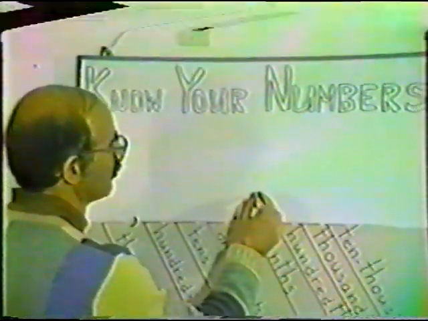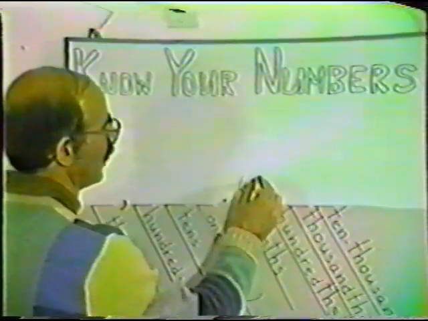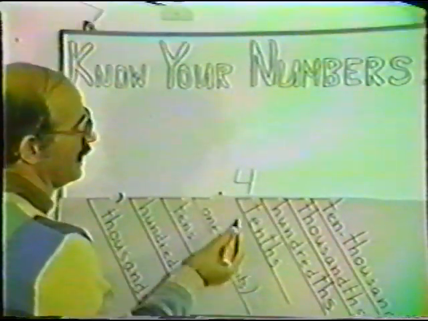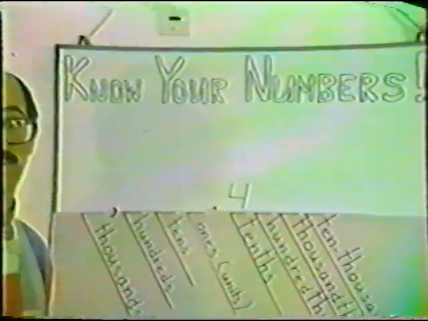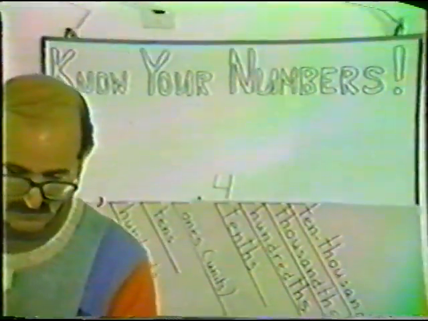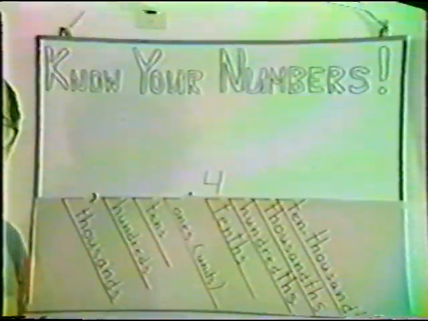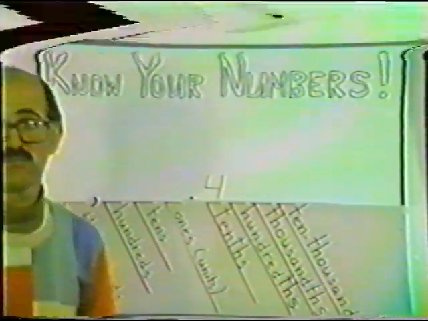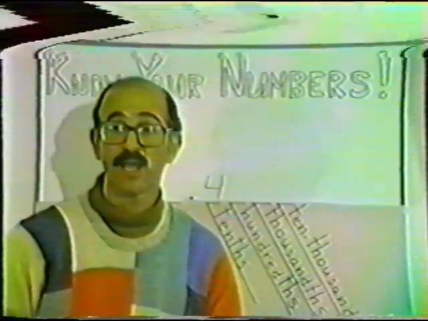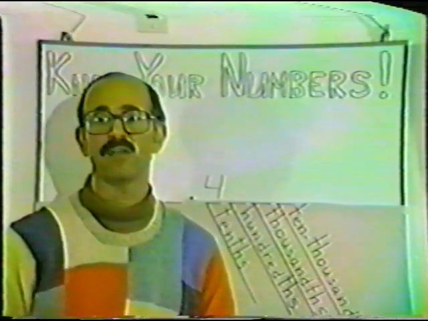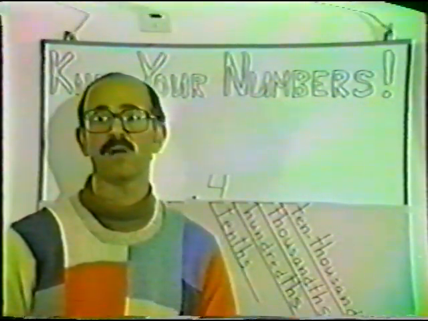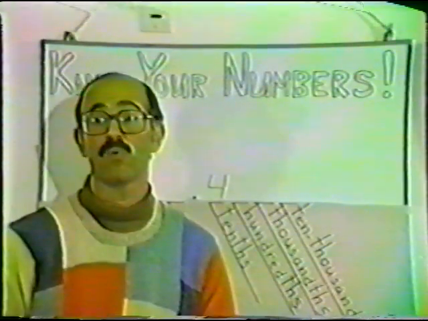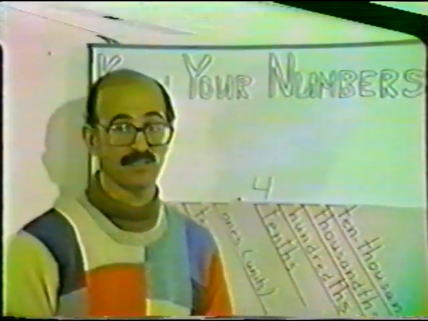Well, let's put a number right here in the tenths place. What shall we call that number? 4/10. Yes. First, we say the number, then we say the name of the place where that number ends.